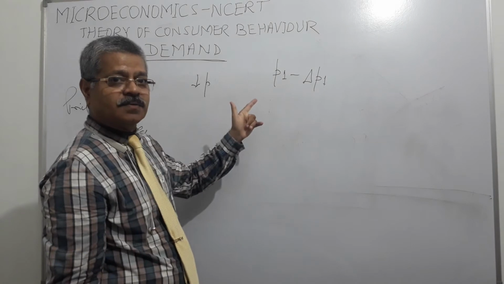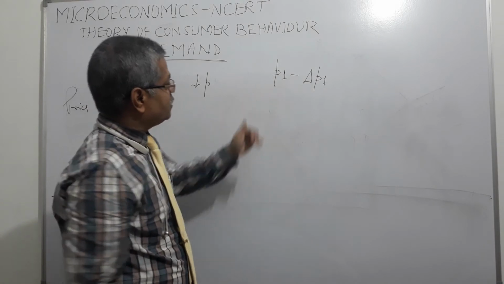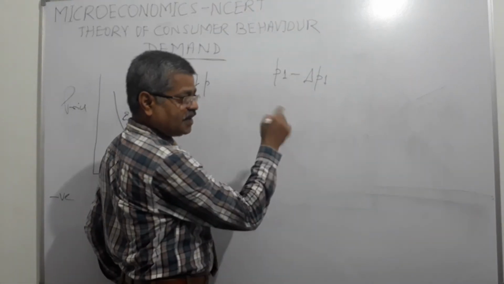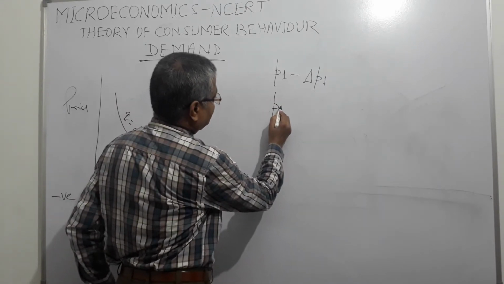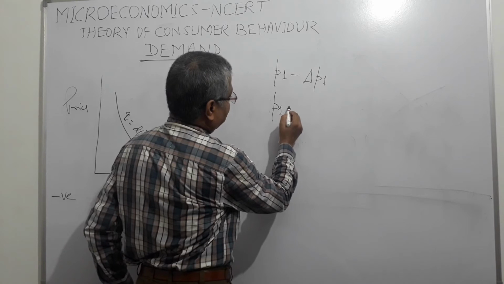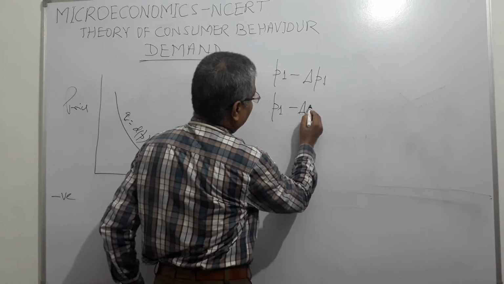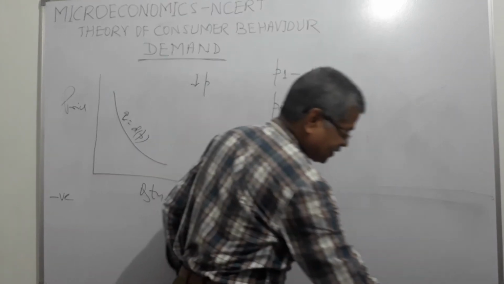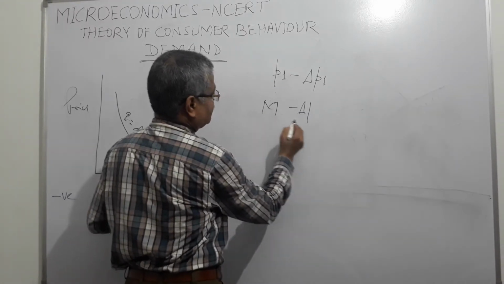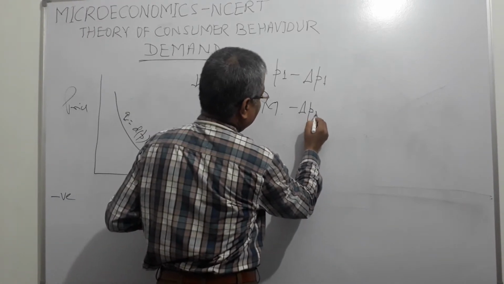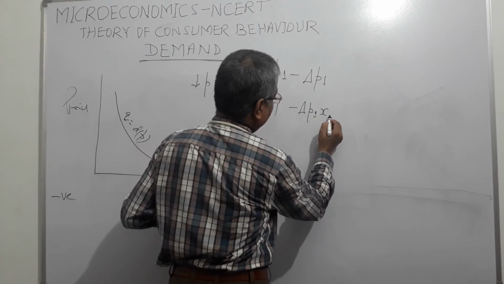So what happens? The consumer's income will need to be adjusted by M minus delta P1 x1, right? M is the original income, delta P1 x1, right?